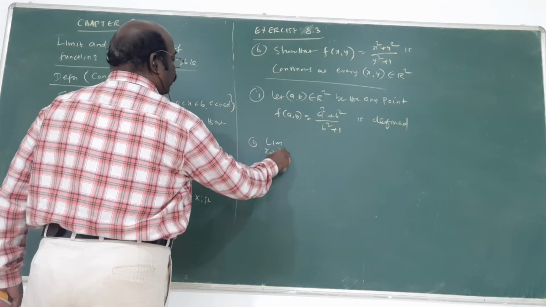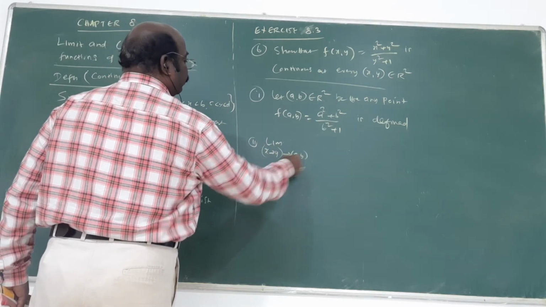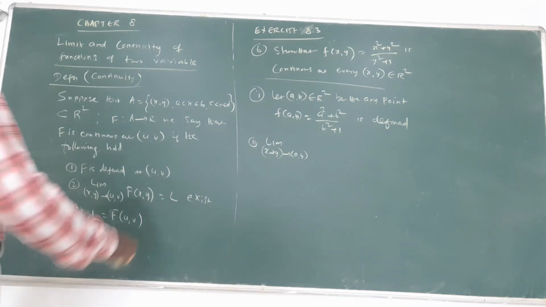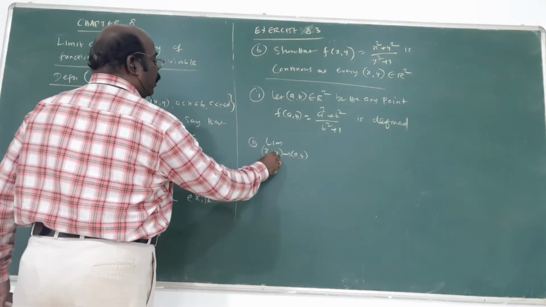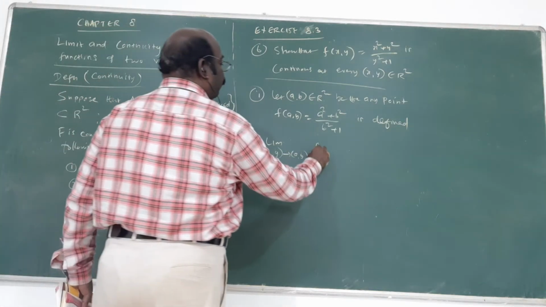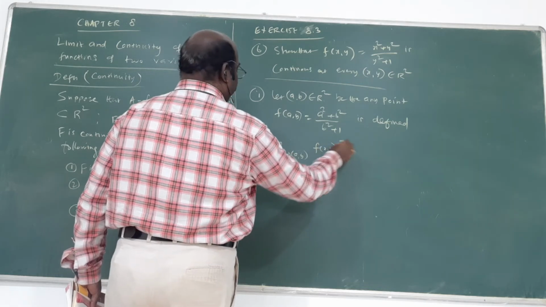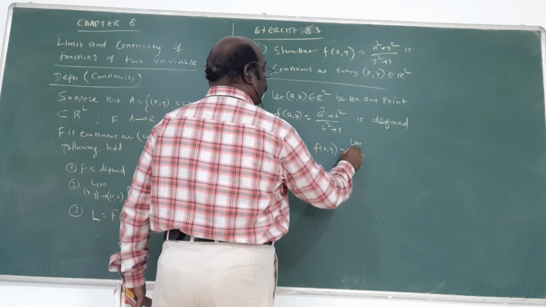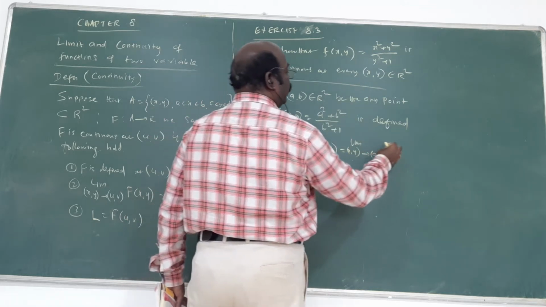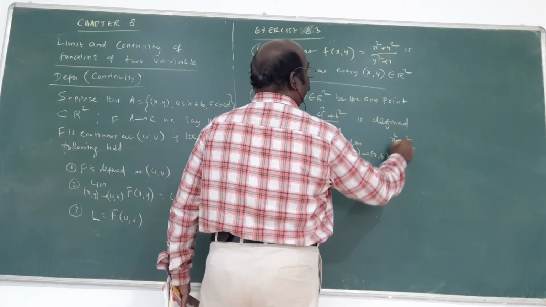(x, y) belongs to (a, b). Our assumption is (a, b). That's why (x, y) tends to (a, b), limit of f(x, y) is equal to limit (x, y) tends to (a, b) of (x square plus y square) by (y square plus 1).